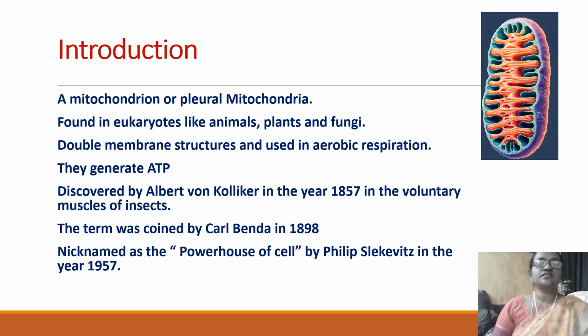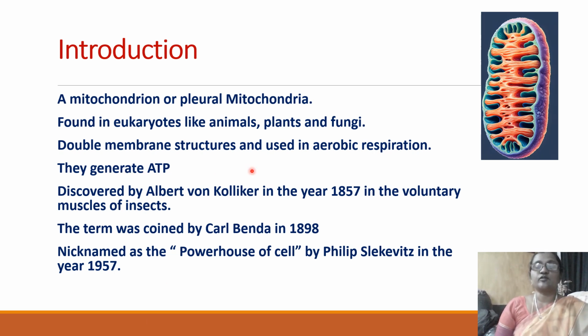Coming to the introduction, the singular is mitochondrion. We usually call it mitochondrion. And if it is plural, when you are referring to multiple mitochondrion, then you use the term mitochondria. Where do you find these cell organelles? We find them in eukaryotes, like animal cells, plant cells, and even in fungi.